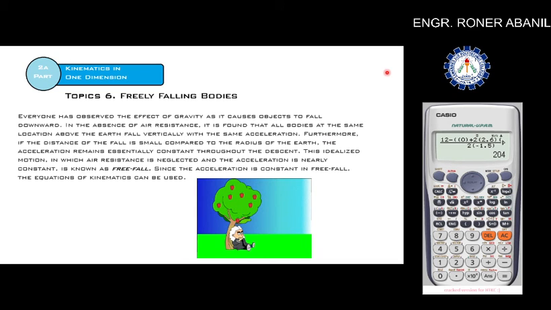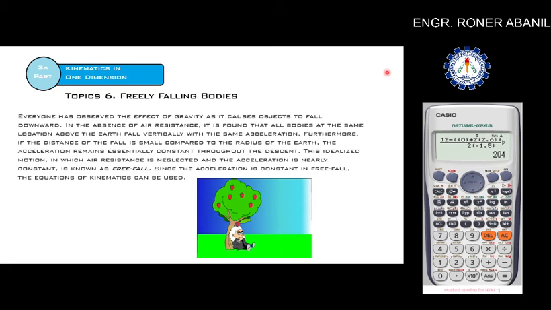Unang bumagsak yung bato kaysa dun sa feather. Pero tinitingnan ko kung paano niya nakakuha ng 1 kilong feather. Siguro feather ng ostrich.